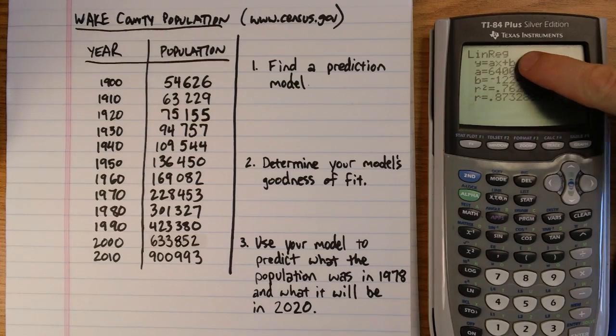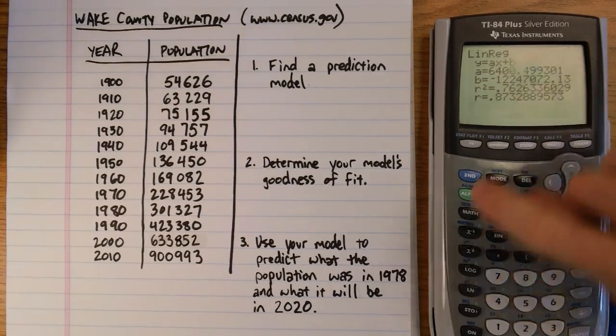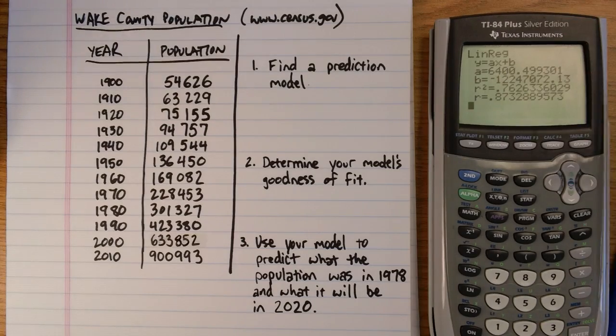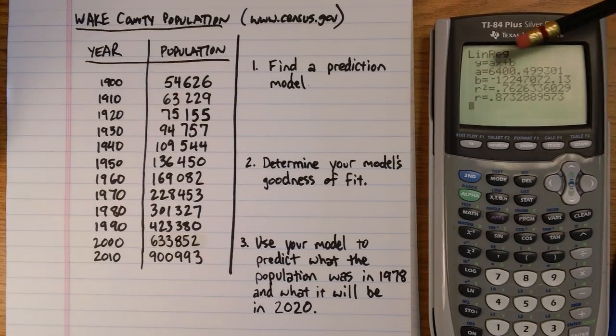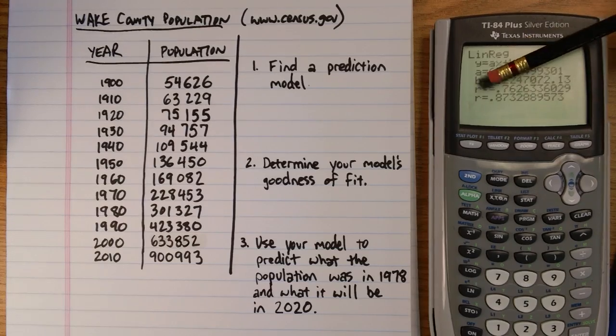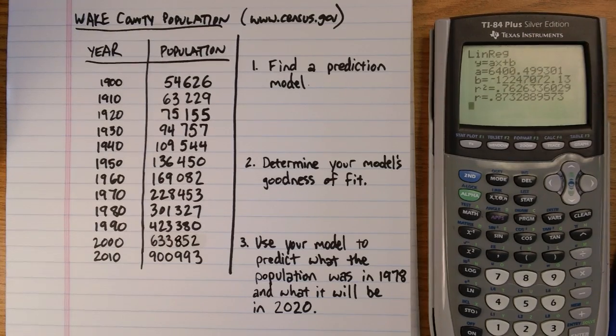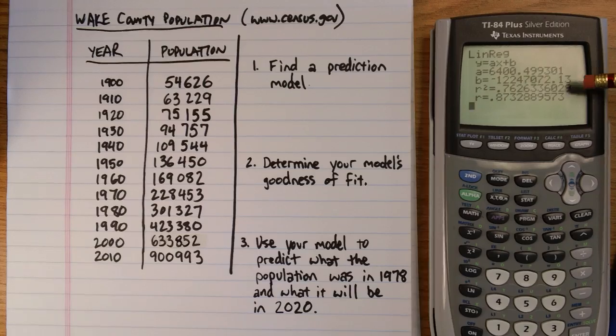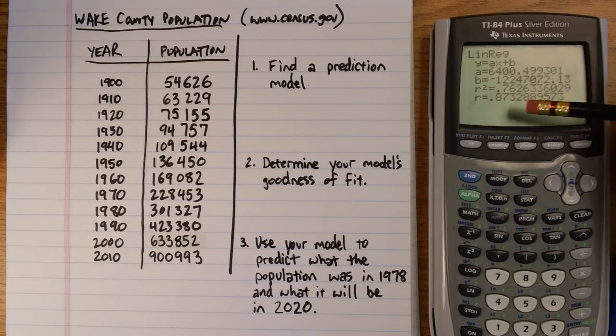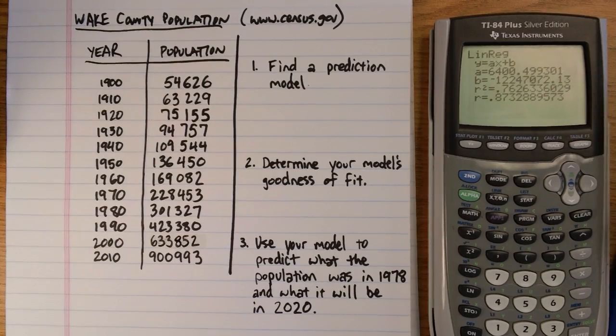We've got the form of our equation, y equals ax plus b, and then they tell us what our a value is, which is our slope, and our b value, which is our y-intercept. Depending on if your calculator is set to it or not, you might get these r and r squared values.